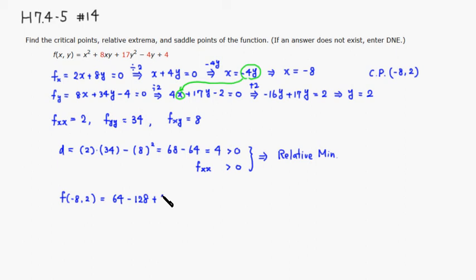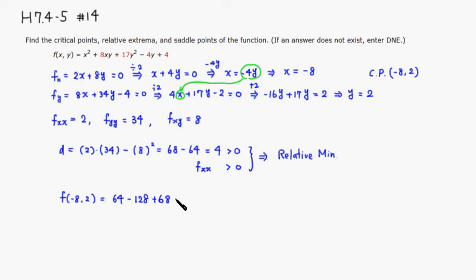Actually, I can't do it this way. So this is going to be 7 times 4 is 28, and 4 times 1 is 4, so it's 68.